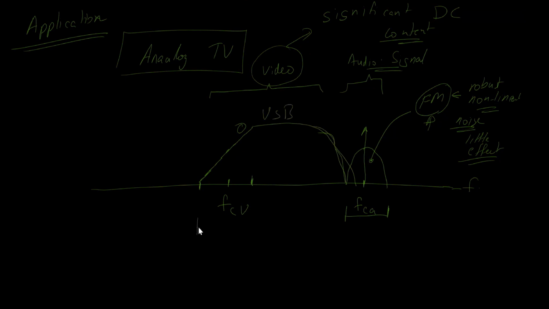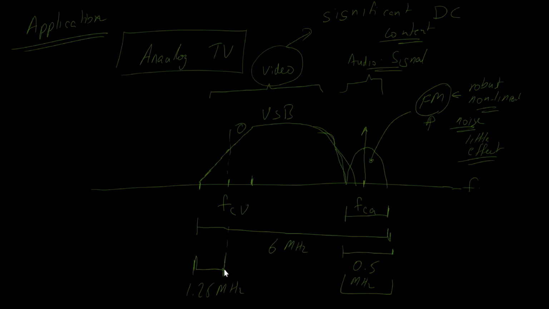So overall, end to end, we are consuming 6 megahertz of bandwidth, and within that, roughly 0.5 megahertz of bandwidth is used for the audio signal, and this is around 1.25 megahertz of bandwidth.